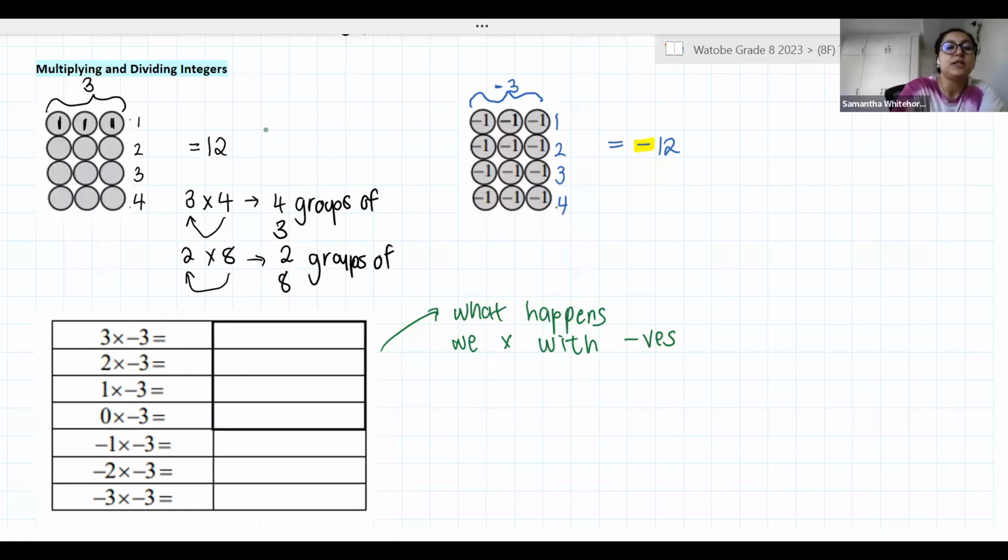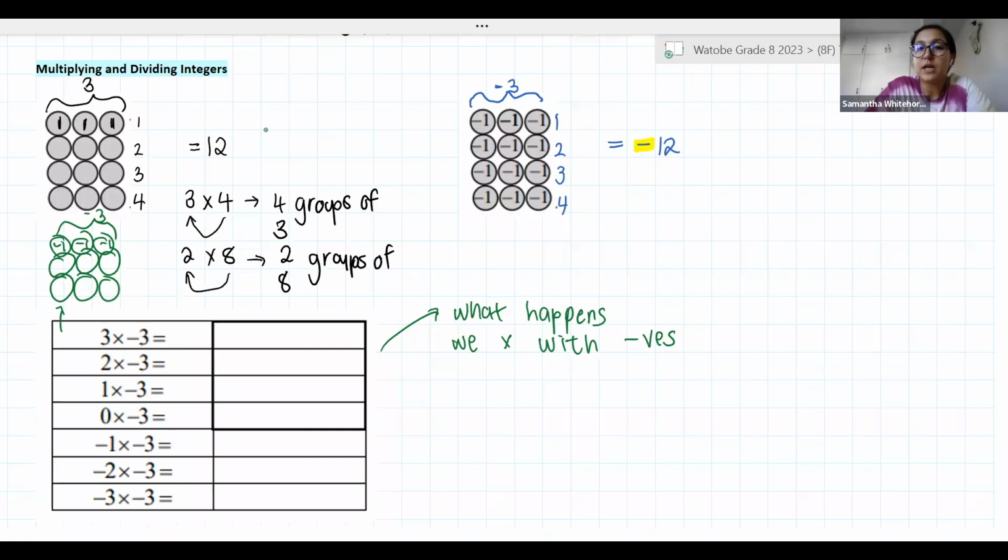What this +3 times -3 is saying is that I have 3 groups of -3. So altogether there, my row is -3.